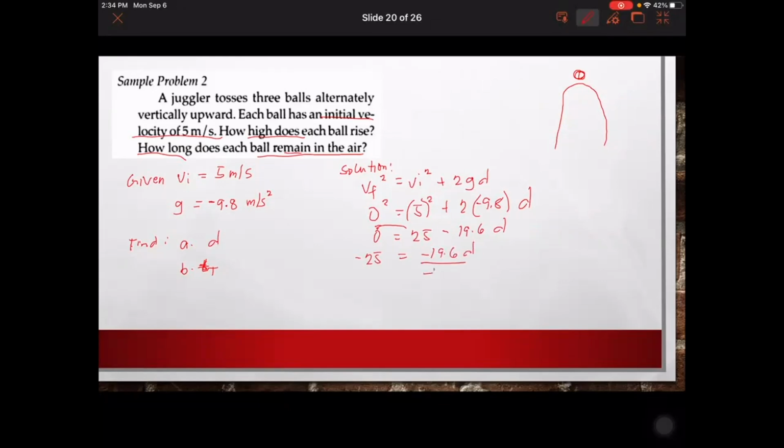Divide both sides by negative 19.6, cancel out, so d is equal to negative 25 over negative 19.6.